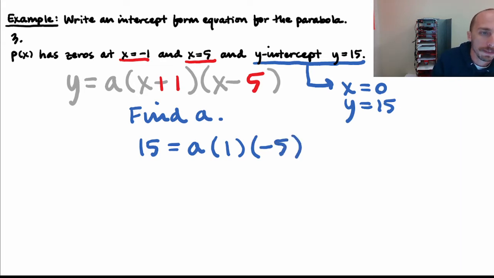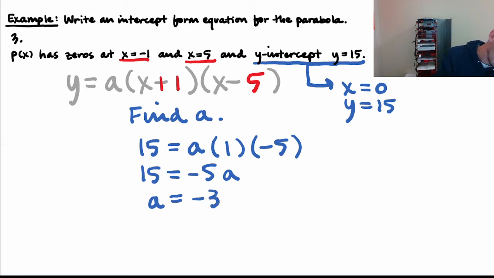So -5a equals 15, and then a is going to need to equal -3. So I'm going to substitute a -3, and I'll have myself an intercept form equation.